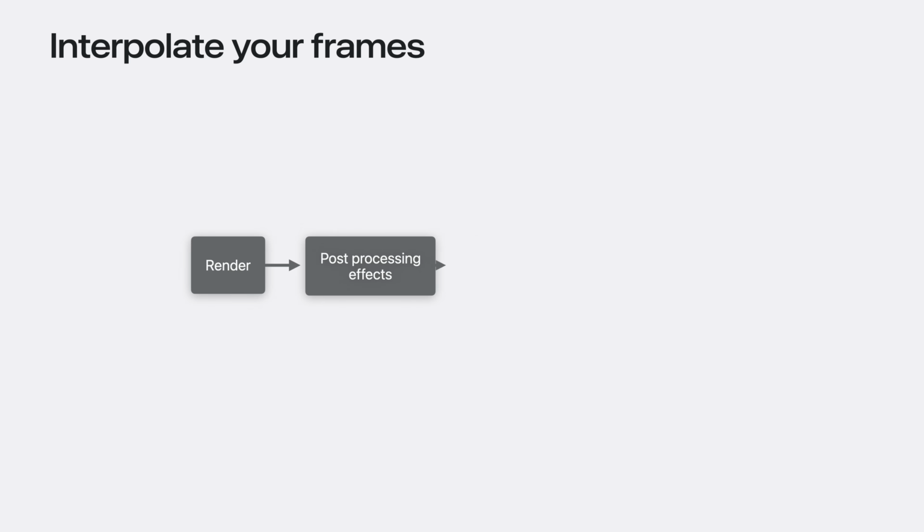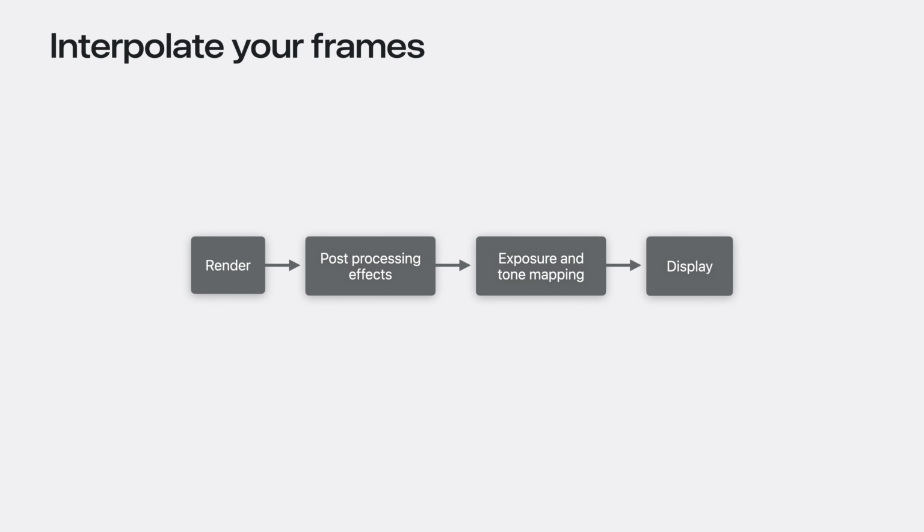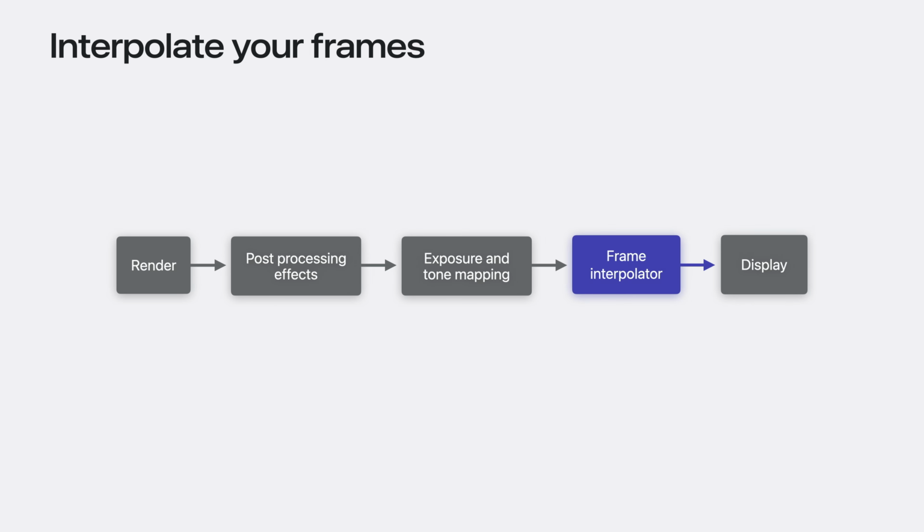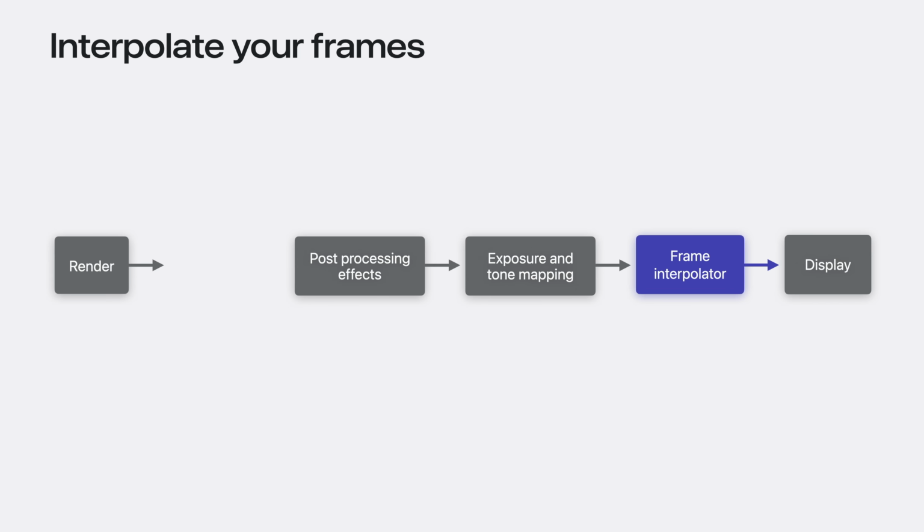Frame interpolation can help you use pixels you've already rendered to enable a smooth gaming experience. Here is the same rendering pipeline, this time without UI rendering. Interpolate your frames after your tone mapping step. And note that for even higher resolutions and frame rates, you can have both upscaling and interpolation in the same pipeline.